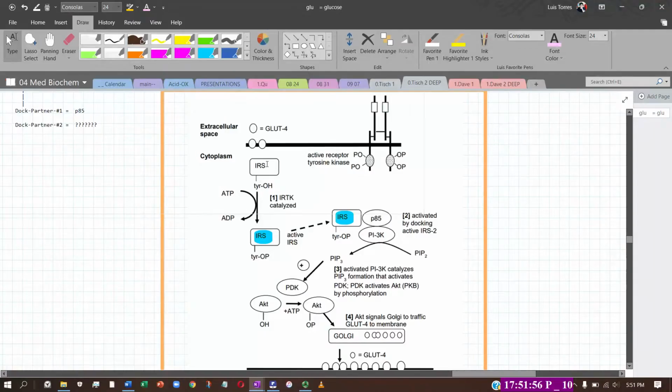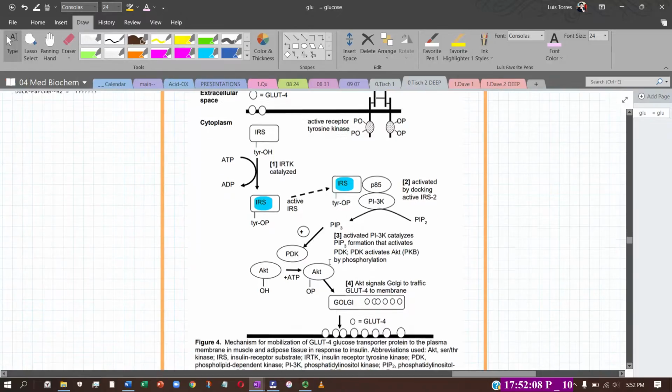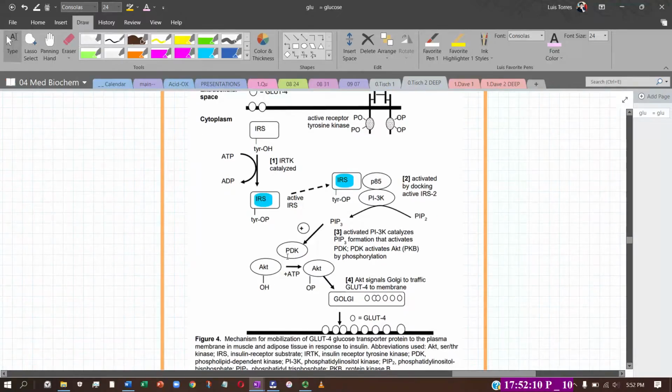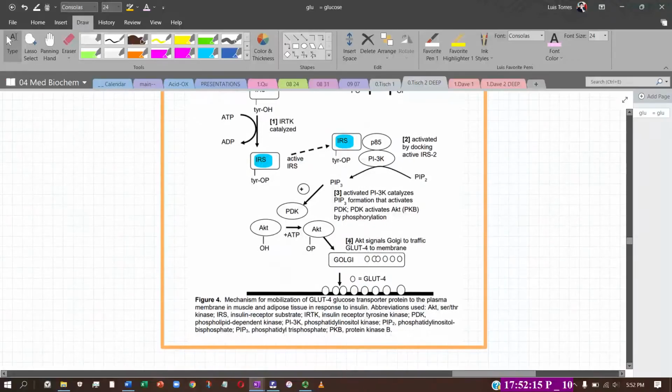So that does activate the IRS, and this active IRS goes on to interact with P85. And here you see that there is some involvement of these molecules, and then PDK is important because that activates AKT, and then AKT makes signals to the Golgi to put these proteins on the membrane, and GLUT4 is yet another transporter.